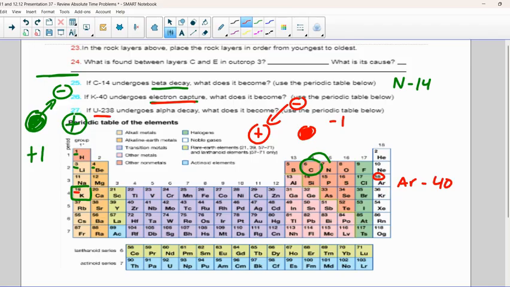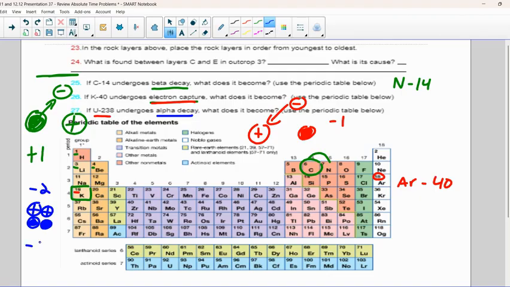And then I go to U238, which is going to undergo alpha decay. And so in alpha decay, remember, 2 protons and 2 neutrons are given off. And in so doing, we're going to subtract 2 from the atomic number because we're missing 2 protons.